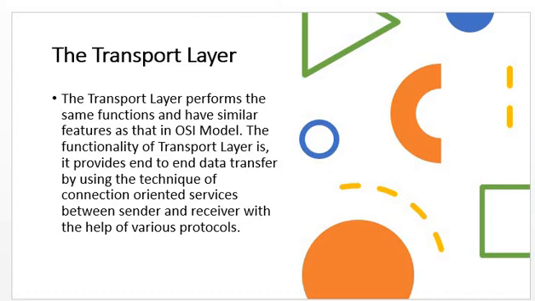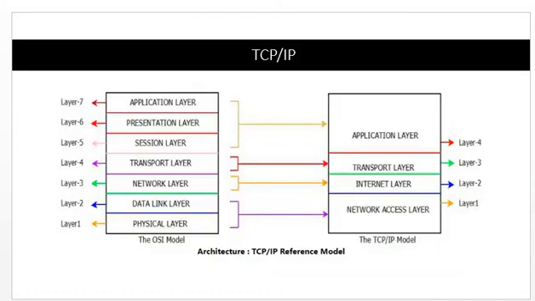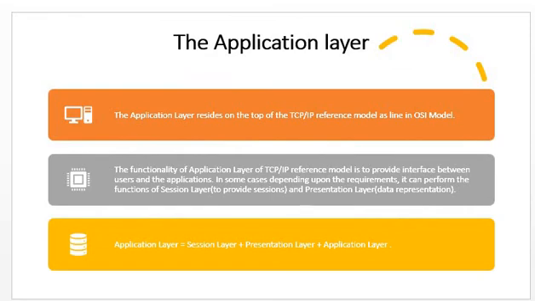Then the next layer is the application layer. So from transport, we go to the application layer. The application layer performs the functions of the three top layers of the OSI reference model, which are the application layer, the presentation layer, and the session layer.